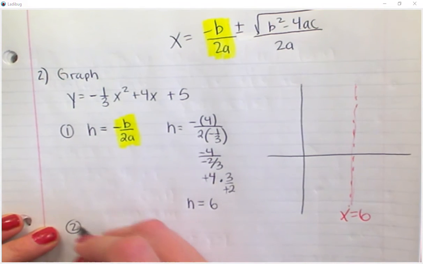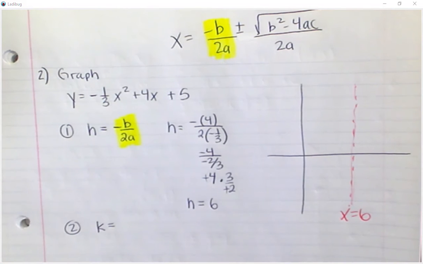Your second step, find K. Find K. Put your vertex on the graph.